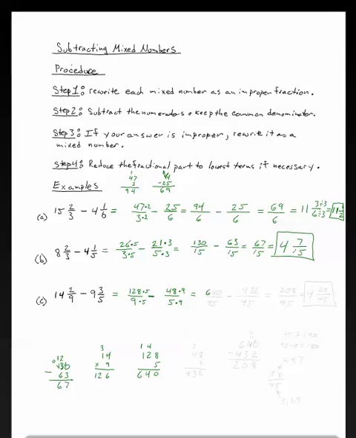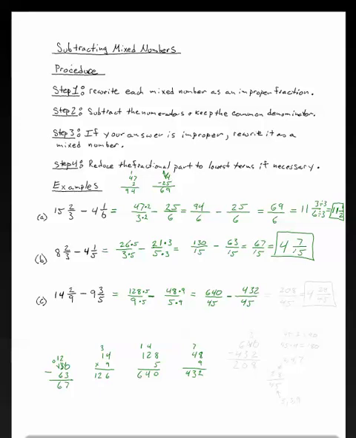So that gives us 640 over 45 minus, now 48 times 9. 8 times 9 is 72. Carry your 7. 4 times 9 is 36. And then 36 plus 7 is going to give us 43. So we've got 432 over 45.